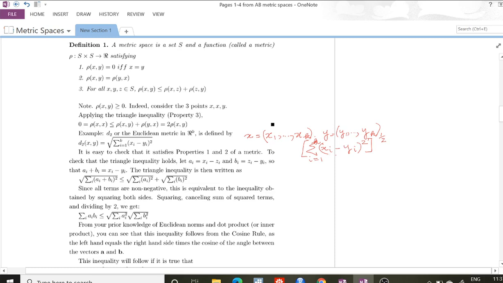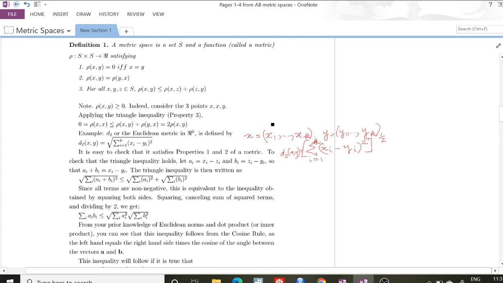So now the claim is that this is actually a metric, that it satisfies the three properties of a metric space, and you can see that indeed this distance between 2 points, D2 x comma y, will always be non-negative because you're squaring stuff and then doing other stuff, right?